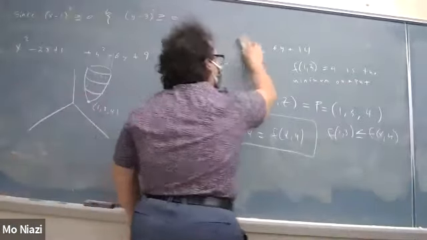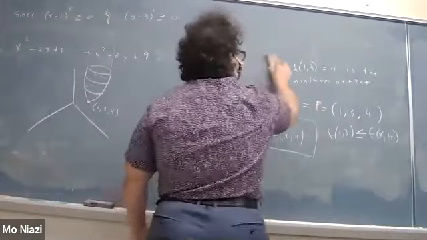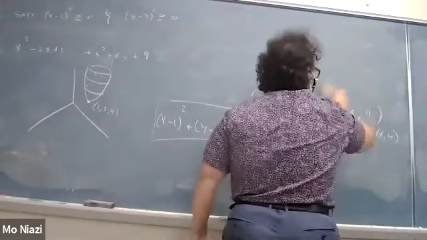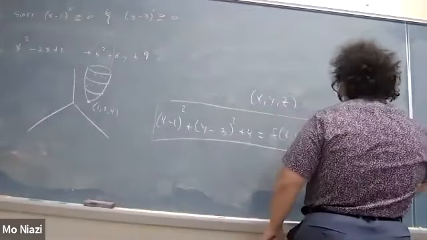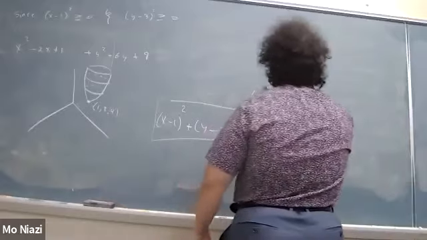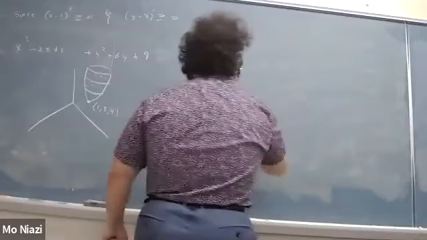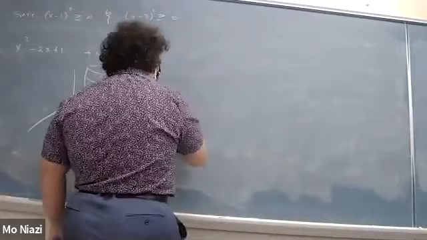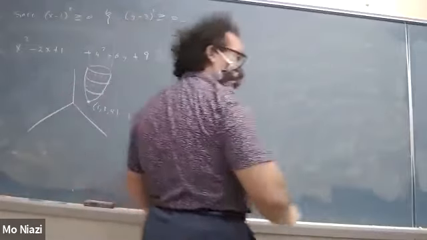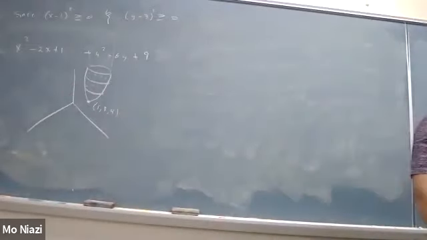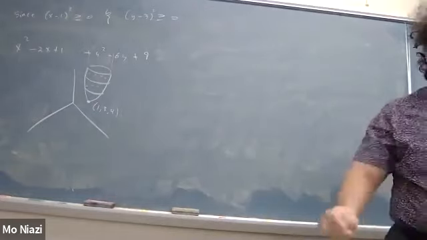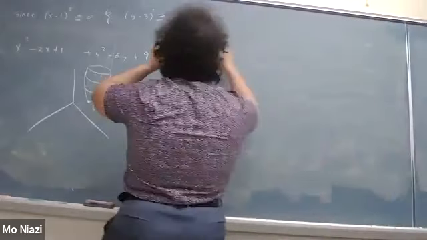I do not blame you guys for not being able to tell that that is an elliptic paraboloid. Okay, let's continue here. Let's discuss the second derivative test for multivariable calculus.